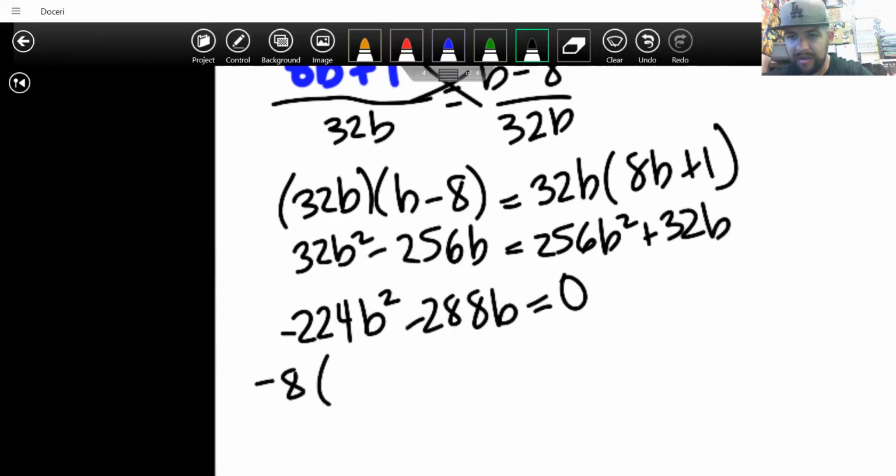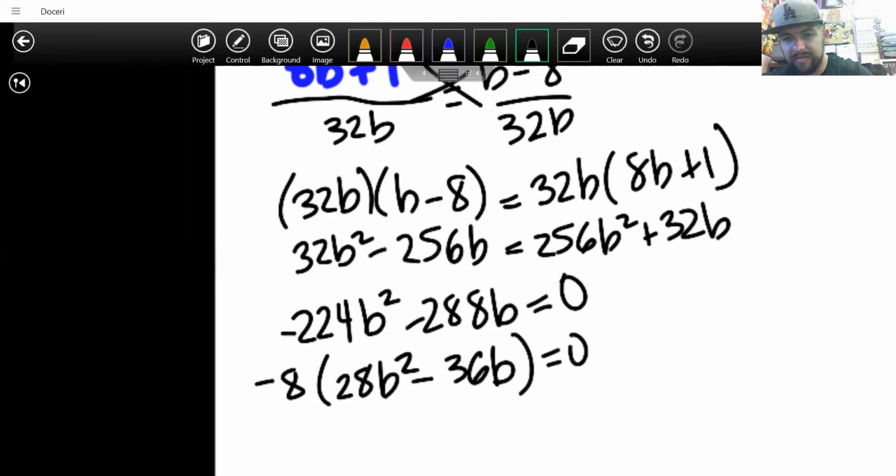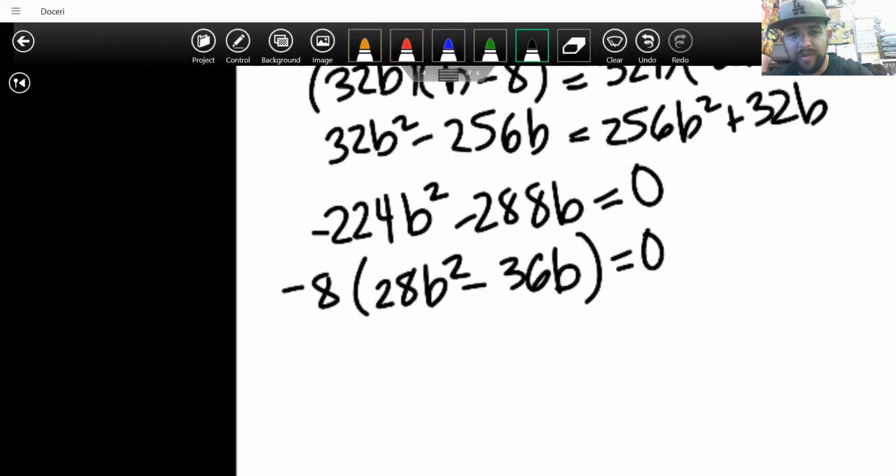We can get 224 gives me 28b squared minus 36b is equal to 0. We can pull out another factor of, I believe, let's see, 28 and 36 by 4.